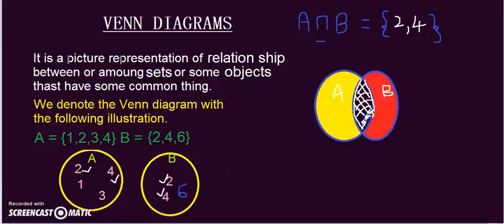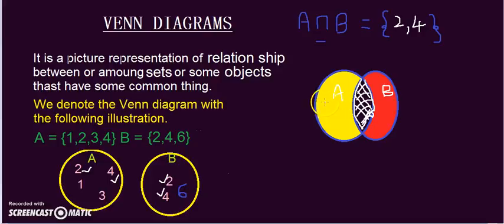The intersection of A and B is this entire joint of two circles A and B. Now, how will you write the elements in the intersection?